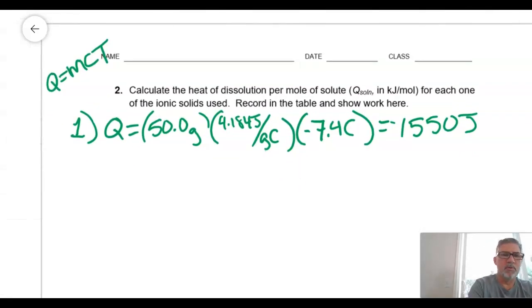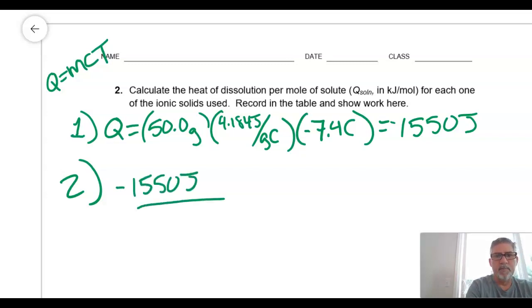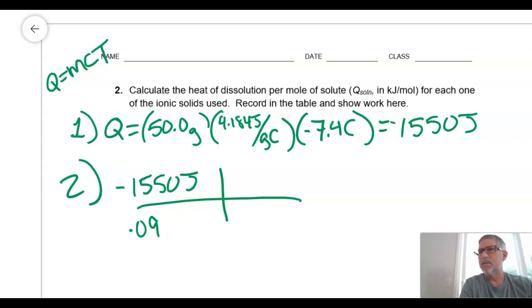Okay, so for 2 here, it asks for kilojoules per mole. So I've got negative 1550 joules. My moles were 0.0936. I need to go to kilojoules.